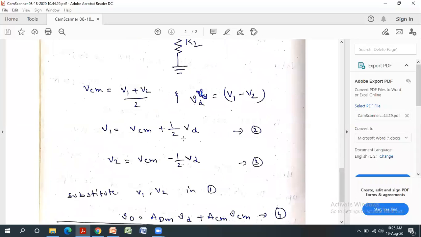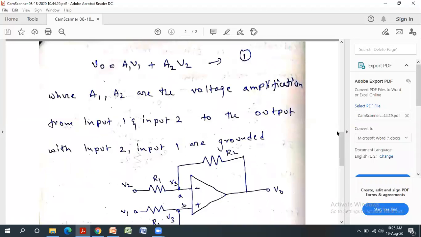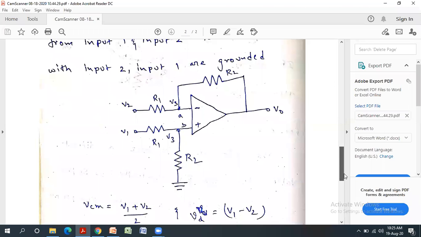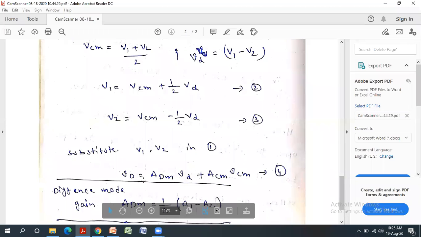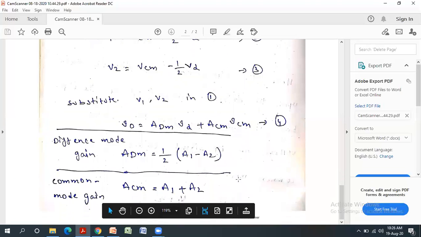If we substitute both of them in expression 1, we can see V0 is equal to A suffix DM into VD plus A suffix CM into V suffix CM, where A suffix DM is the differential mode gain, whereas the common mode gain A suffix CM is equal to A1 plus A2.